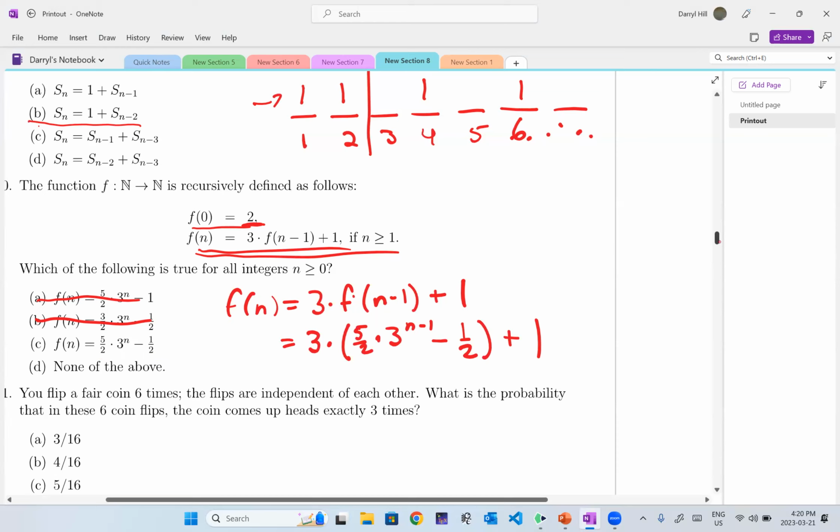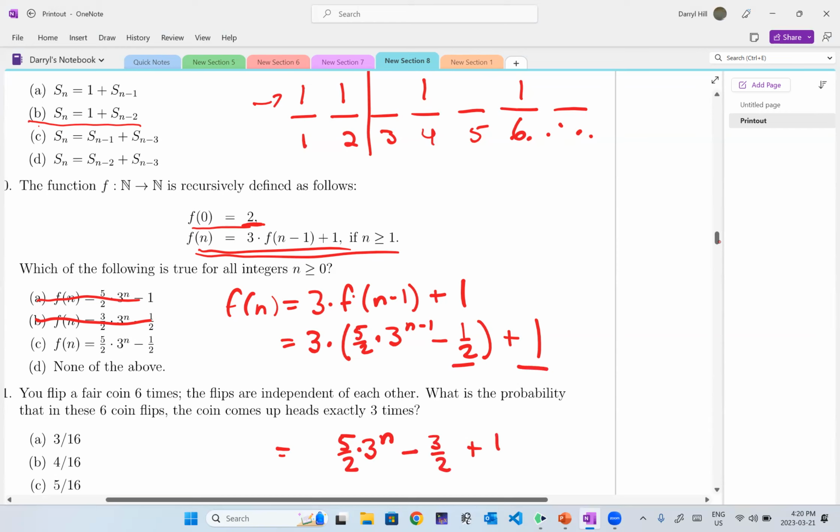Try not to make any mistakes. So 3 times 5/2 times 3 to the n minus 1 is simply 5/2 times 3 to the power n. I'm running a little bit out of space here, so I'm going to steal some. So 5/2 times 3 to the power n, minus 1/2 times 3, which is 3/2, plus 1.